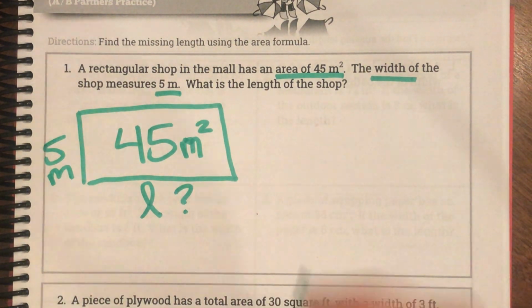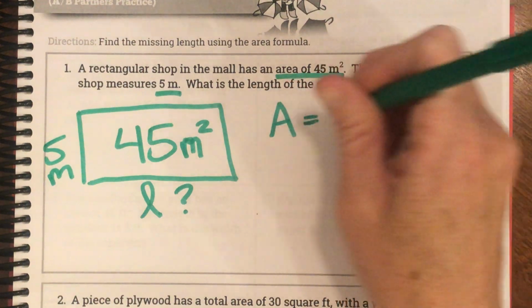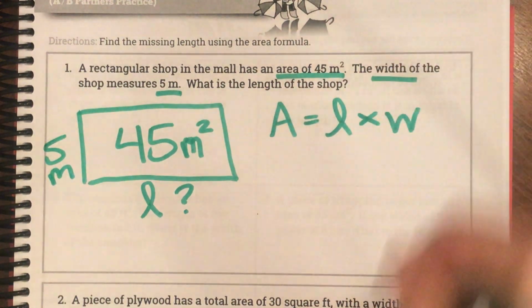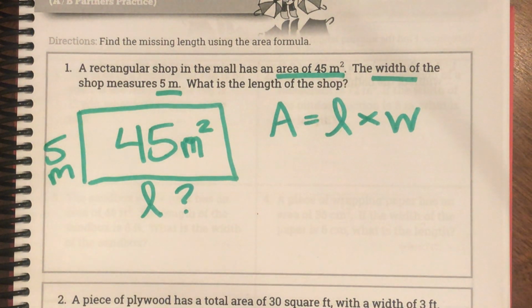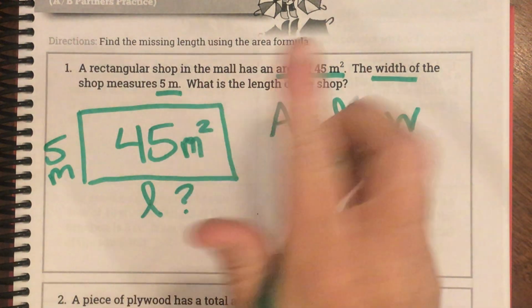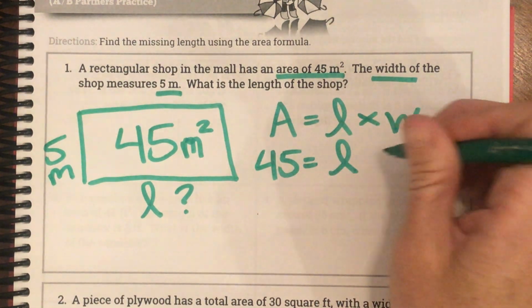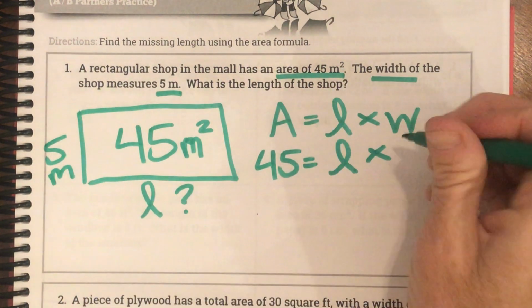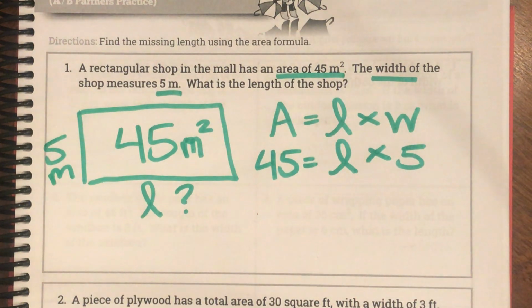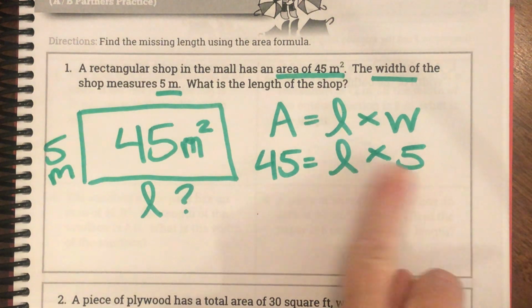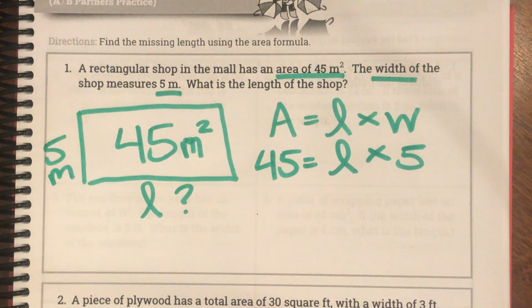Okay, so we're going to start with our formula. Area equals length times width. And then we're going to plug in our known values. What do we know? Well, we know our area is 45. We don't know our length, but we know our width is 5. Okay, so we have to ask ourselves, what times 5 will give us 45?